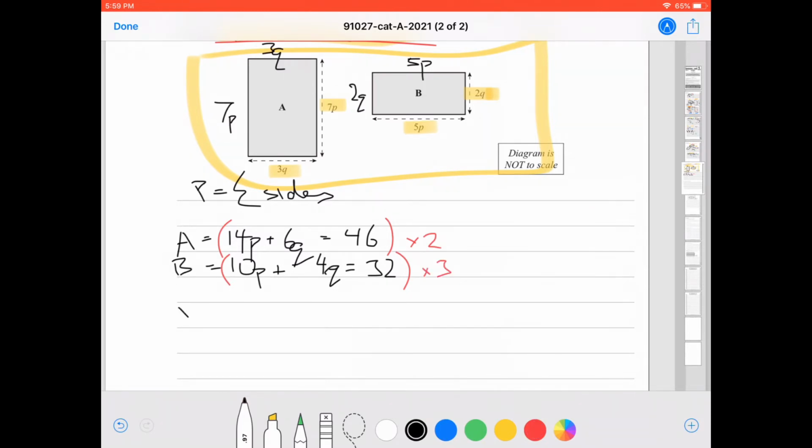So this looks like for A, we've got 28p now, plus 12q, and that equals 46 times 2 is 92.